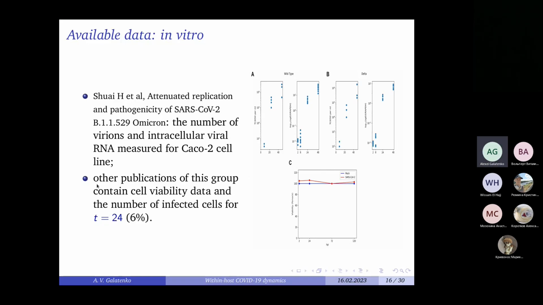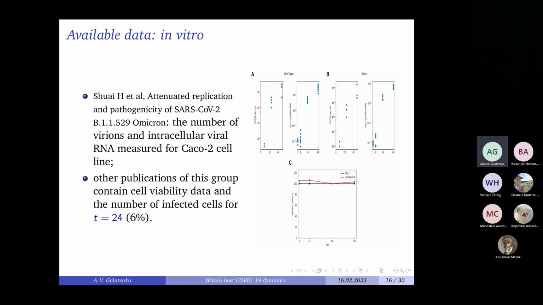The second source of data is the viability assay, and from this picture we can make a conclusion that all cells are viable. Cells do not die throughout the experiment. And the authors additionally measured the fraction of infected cells at t equal to 24 hours post-infection. And this fraction was very small, just 6%.